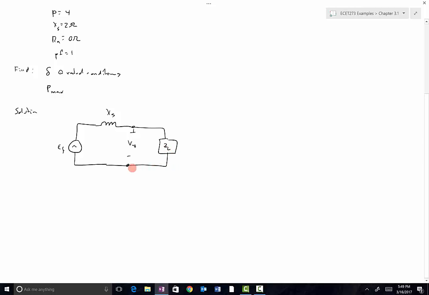So we need to determine what the angle of EF is here. And once we do that, we can determine what the maximum power output of this generator is.